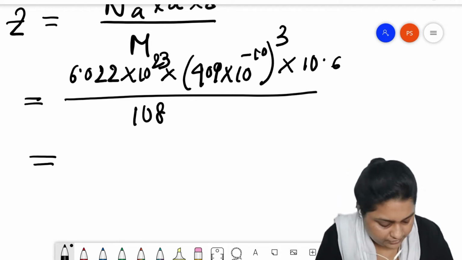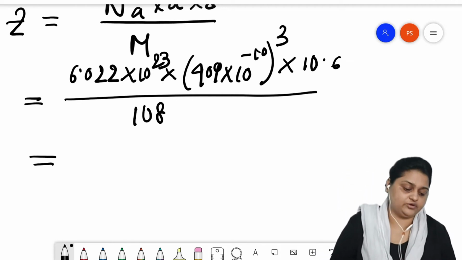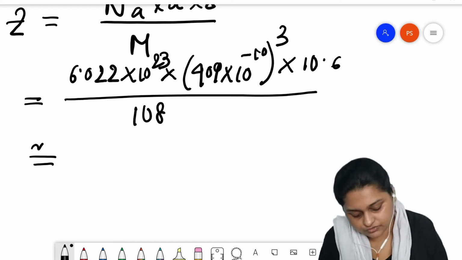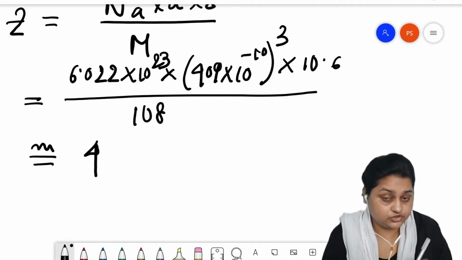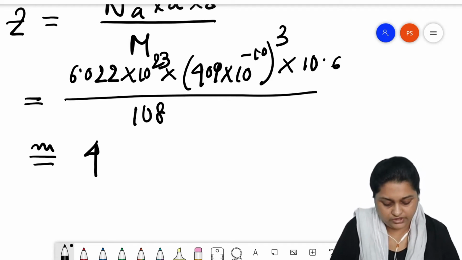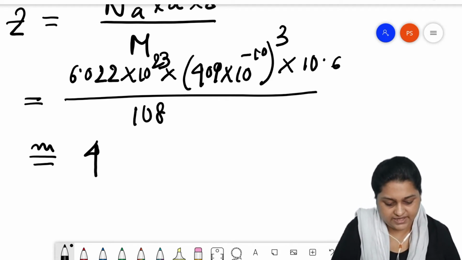Now if we do the approximation method and find the value, it will be roughly almost equal to 4. So as the number of particles has been found to be 4, we know that the unit cell is going to be FCC type.